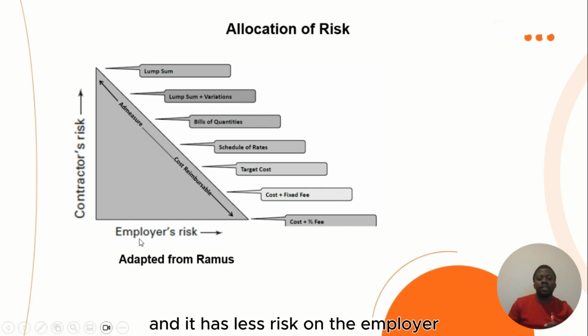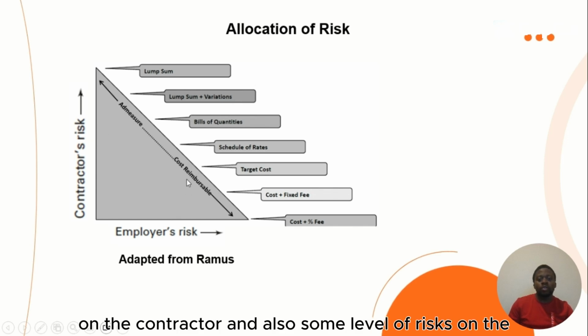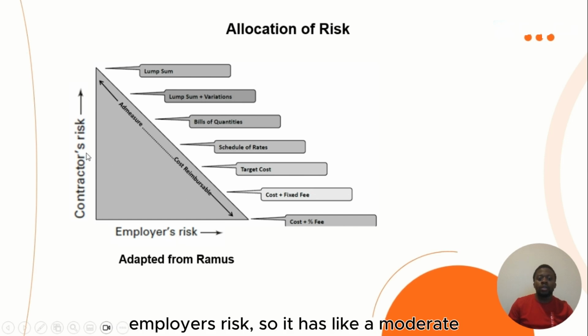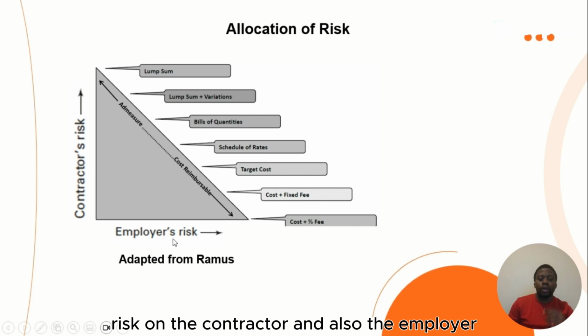And it has less risk on the employer. Others like schedule of rates have minimal risk on the contractor and also some level of risk on the employer. It has a moderate risk on the contractor and also the employer.